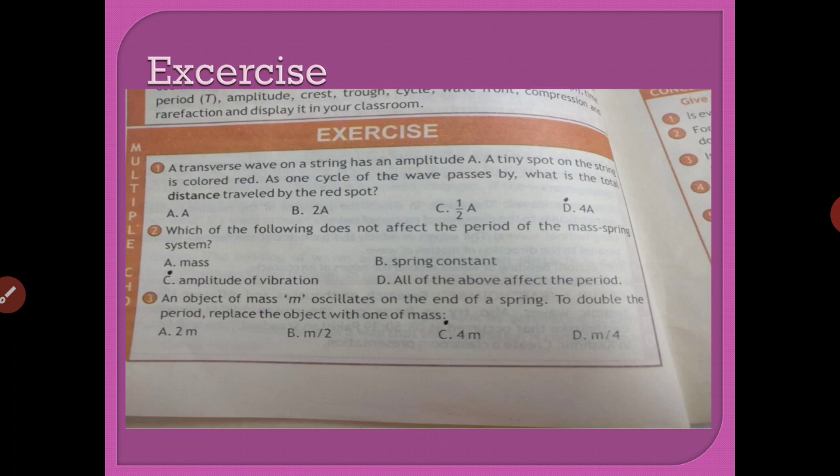You know what one cycle is: if a pendulum starts moving from 0 to point A, then again to 0, then to point B, and then again reaches point 0, that is one cycle. Okay, it means starting from its mean position, going to the maximum on one side, coming back, then going to the other side and coming back. So that is one complete cycle, meaning the complete crest and trough.